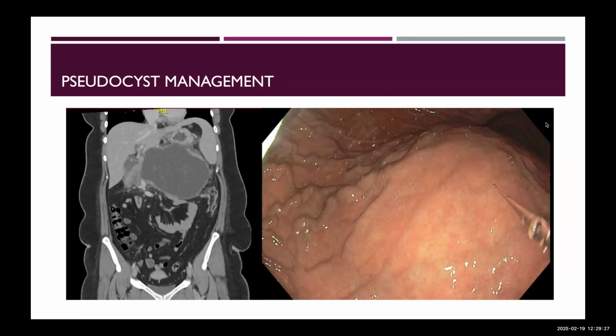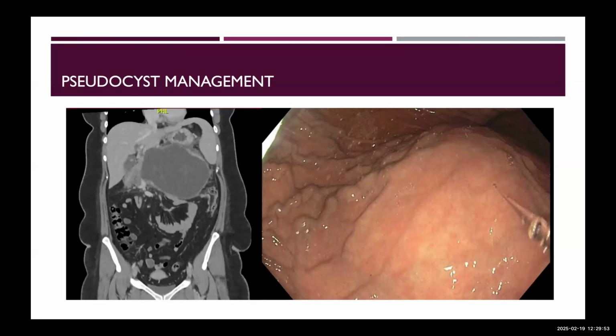On the right-hand side, you can see a large impression on the stomach, and that is where presumptively the pseudocyst is. Before EUS was available, practitioners would stick a cutting instrument into this area somewhat blindly and hope that they gained access into the perigastric collection.